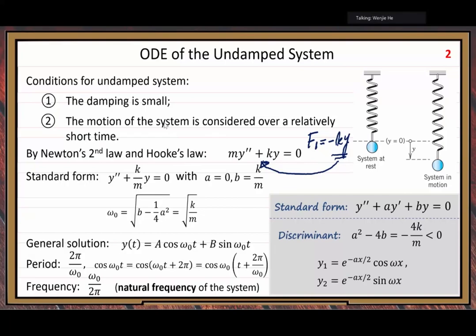But when you apply an external force, the force function could have a different frequency. So this is the natural frequency for this system, and then there is another frequency for the external force. So we need to consider the impact of the external force.